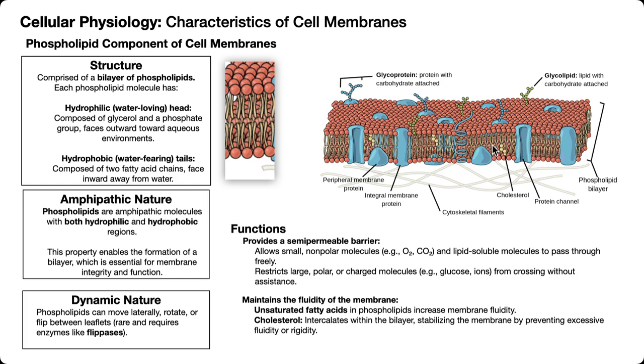You do want it to be fluid so it can move and squeeze through small areas, but you don't want it to be so fluid that it breaks apart. That's where the cholesterol comes in, giving it a little bit more structural stability, preventing it from becoming excessively fluid, or even rigid. If there's too much cholesterol, those cells can become rigid.